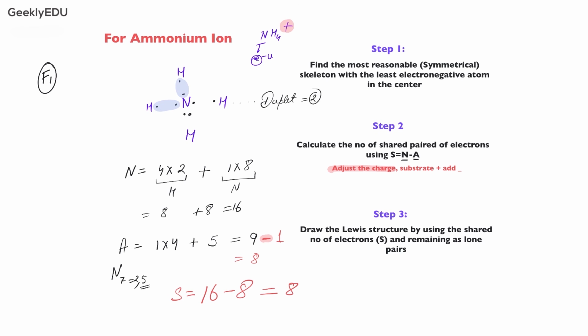Now this lone pair of electrons that nitrogen had would be donated to the H here. So they together form a coordinate bond, because the entire lone pair is donated by just the nitrogen atom and not the hydrogen. And then you simply add the plus charge here, and that's how it's done.